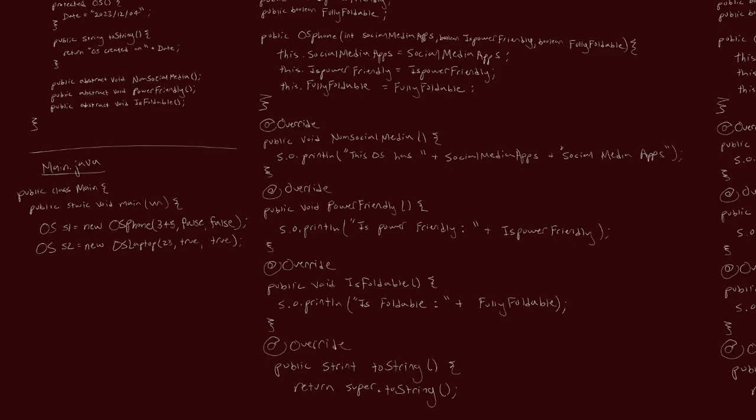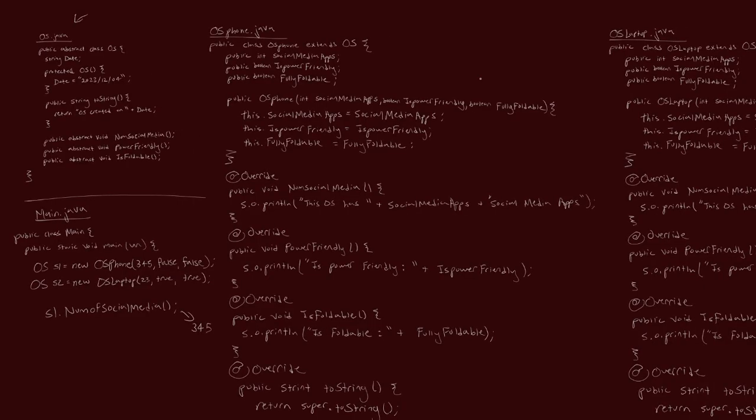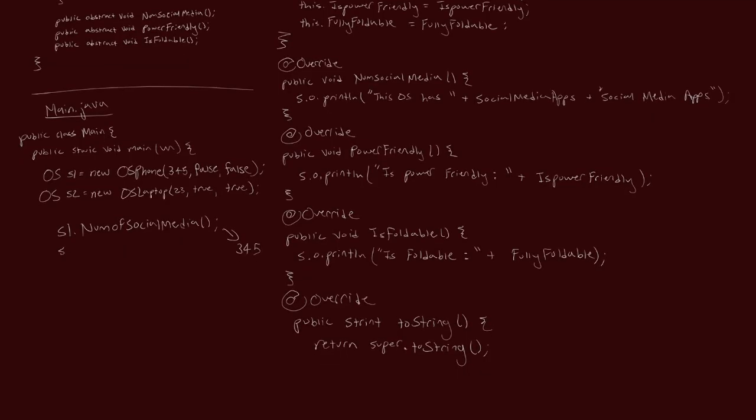Okay, so pretty much if we do s1 dot numSocialMedia, so it's going to print out 345, because we're looking in this class, the OS phone one.